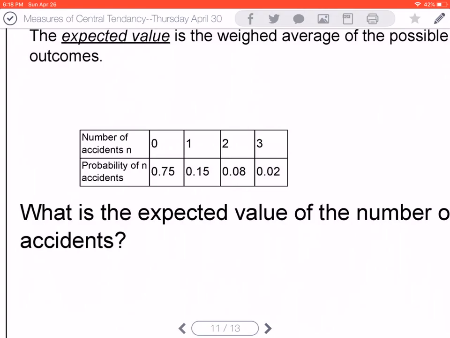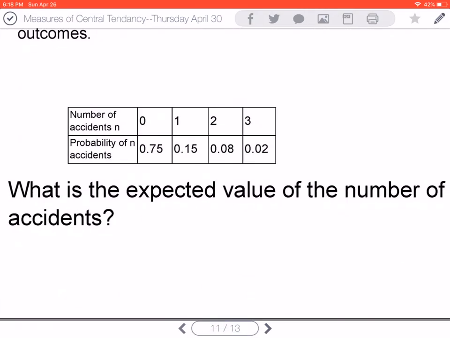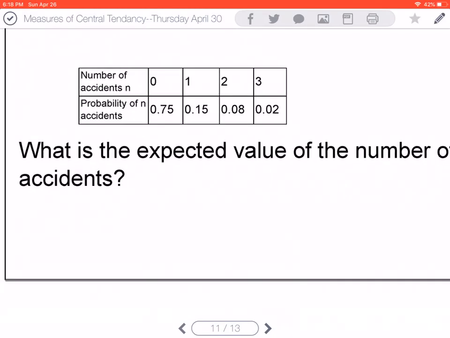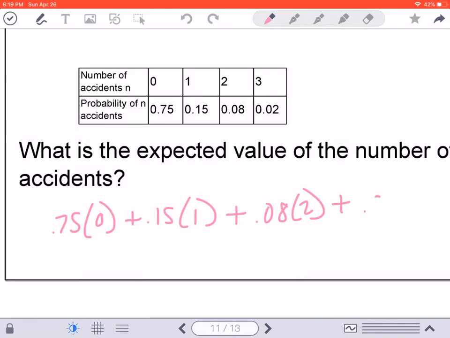If my probability of having 0 accidents is 0.75, then I can figure out the expected value of the total number of accidents, right? Or I can essentially sum up this data that I see above by taking 0.75, which is my probability, multiplying it by the number of occurrences, which is 0, plus 0.15 times the number of occurrences, which is 1, plus 0.08 times the number of occurrences, which is 2, plus 0.02 times the number of occurrences, which is 3.